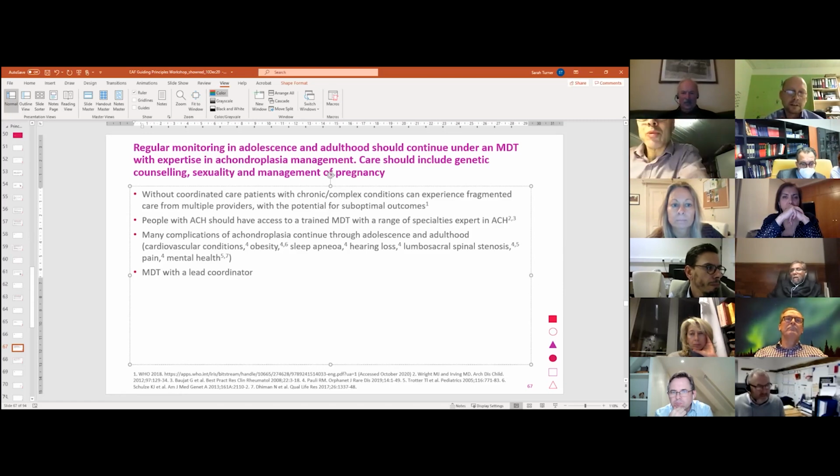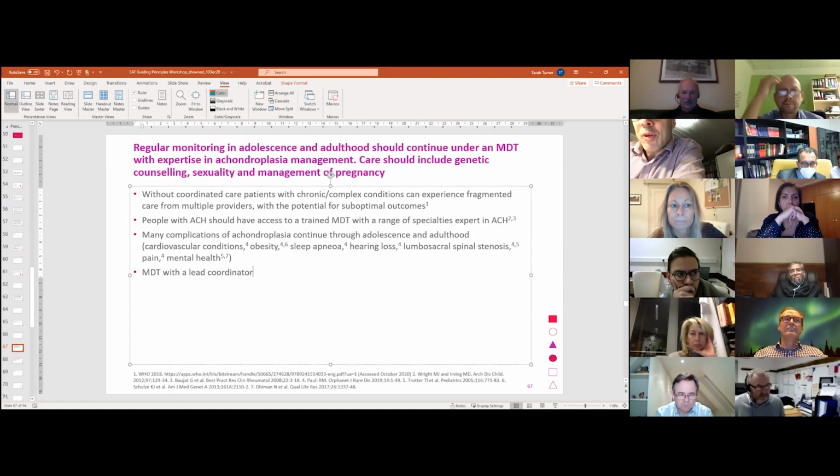I'm not sure whether this will be a separate point or statement, but because this statement includes both adolescents and adults, there's a very important time of transition from childhood into adulthood, which is especially difficult for individuals with achondroplasia, because the difference compared to their peers becomes even more obvious.